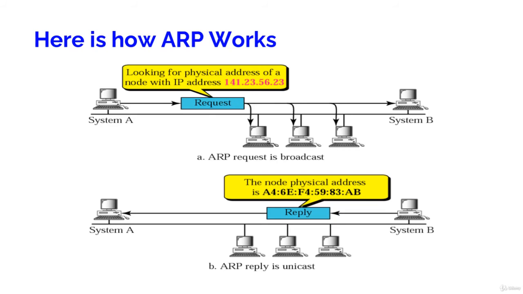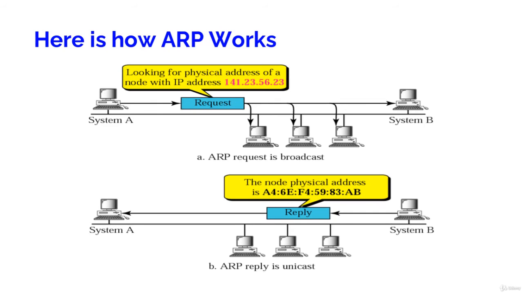So once System A receives the reply that System B's MAC address is A4:6E:F4:59:83:AB, what does System A do? System A now gets that okay, so the machine with IP address 141.23.56.23 has a MAC address of A4:6E:F4:59:83:AB. So System A will store these two values in its ARP cache table.